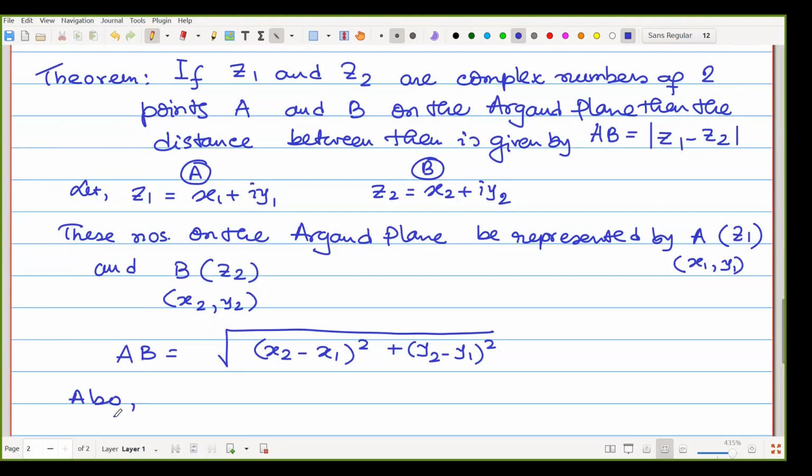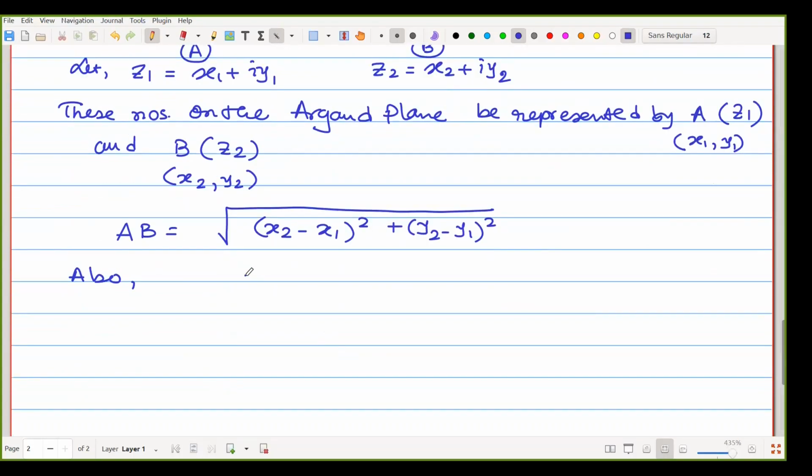Then we proceed with complex numbers. Suppose z2 minus z1. We are subtracting the complex numbers.